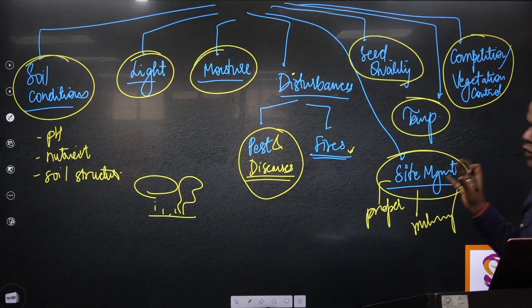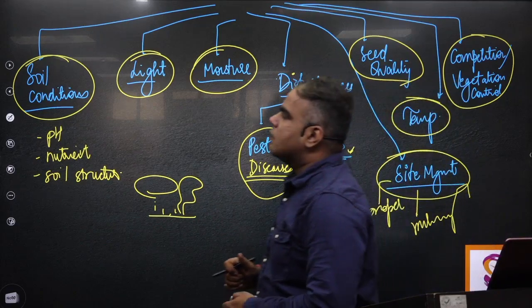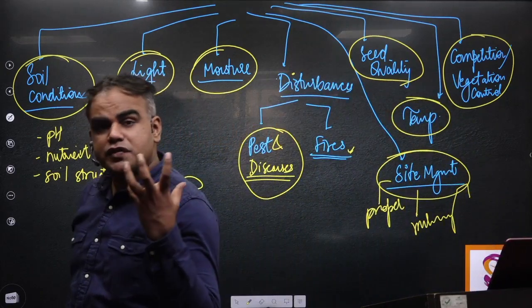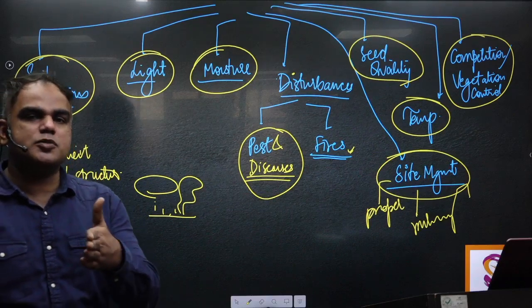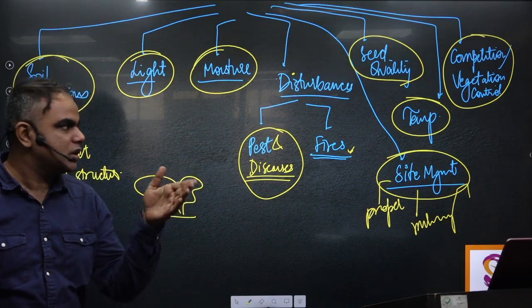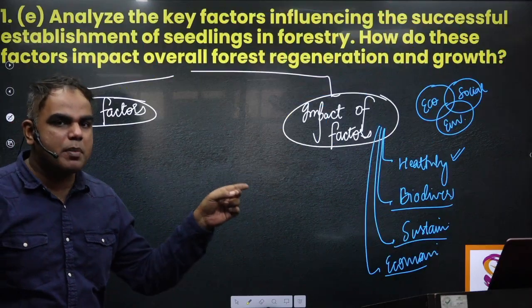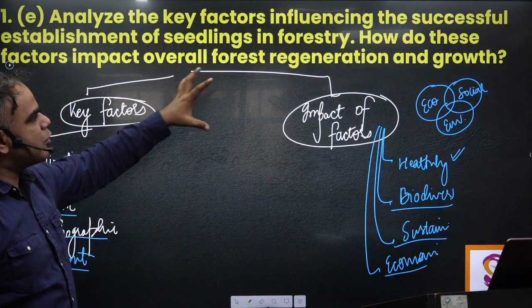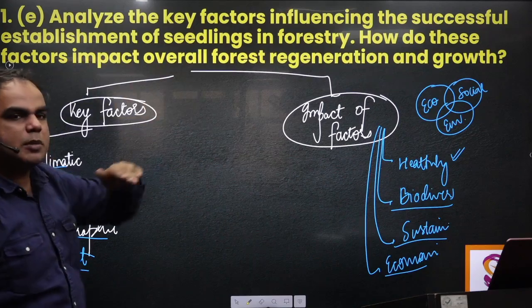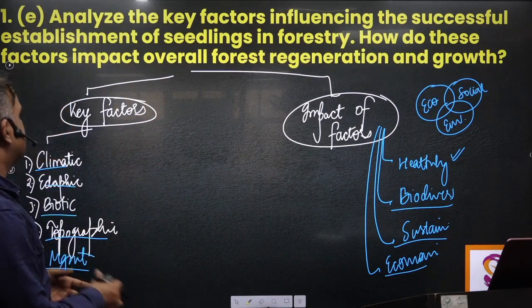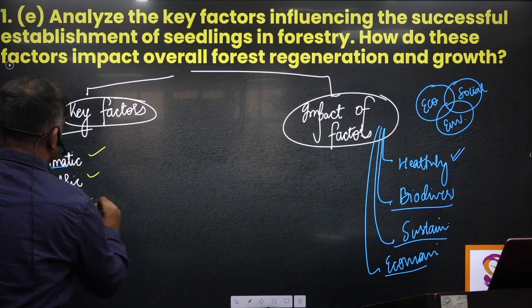So creating overall a better environment is a part of site management, because in site management there is something known as site preparation. If all these things are done in a proper manner, only then will we have a successful establishment of seedlings. So please note, these are the key factors we have understood.